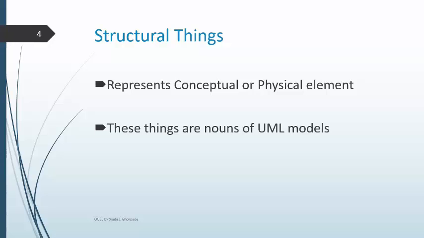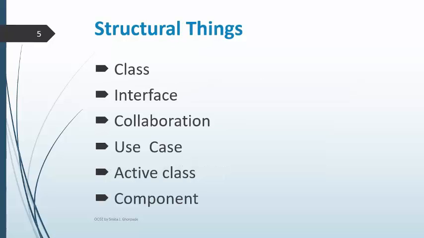These things are nouns of UML models. Structural things show the static part of a software system. These are the structural things like class, interface, collaboration, use case, active class, and component. These different structural things we are going to discuss here.